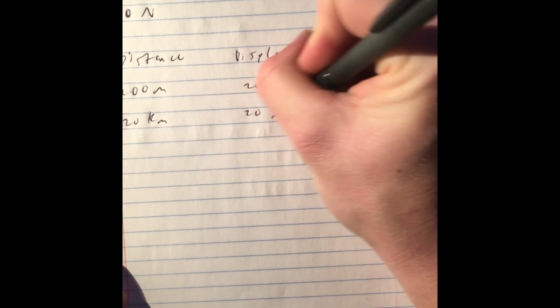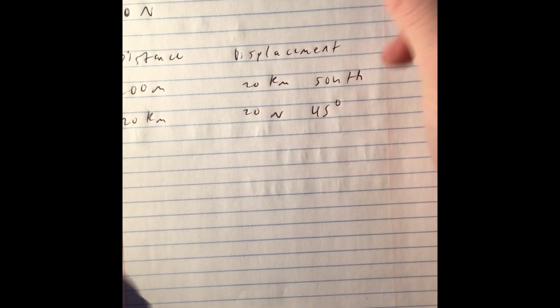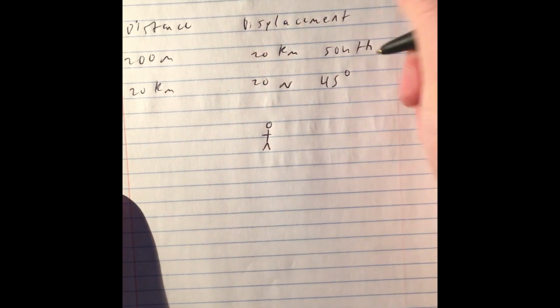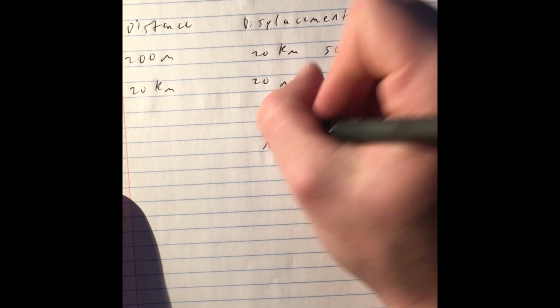Or maybe you would have a unit of force, which, well, we haven't learned about yet, but like 20 newtons at a 45-degree angle. Or just for, let's say, somebody named Bob. This is Bob here.